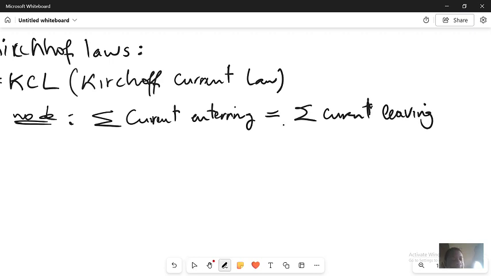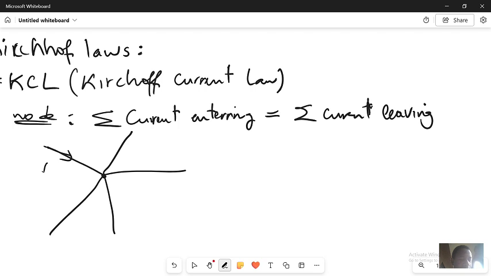Meaning that, let's say for example, I have this node, we already discussed node, everyone knows. In this node I have this current I1, I2, I3, I4, I5.